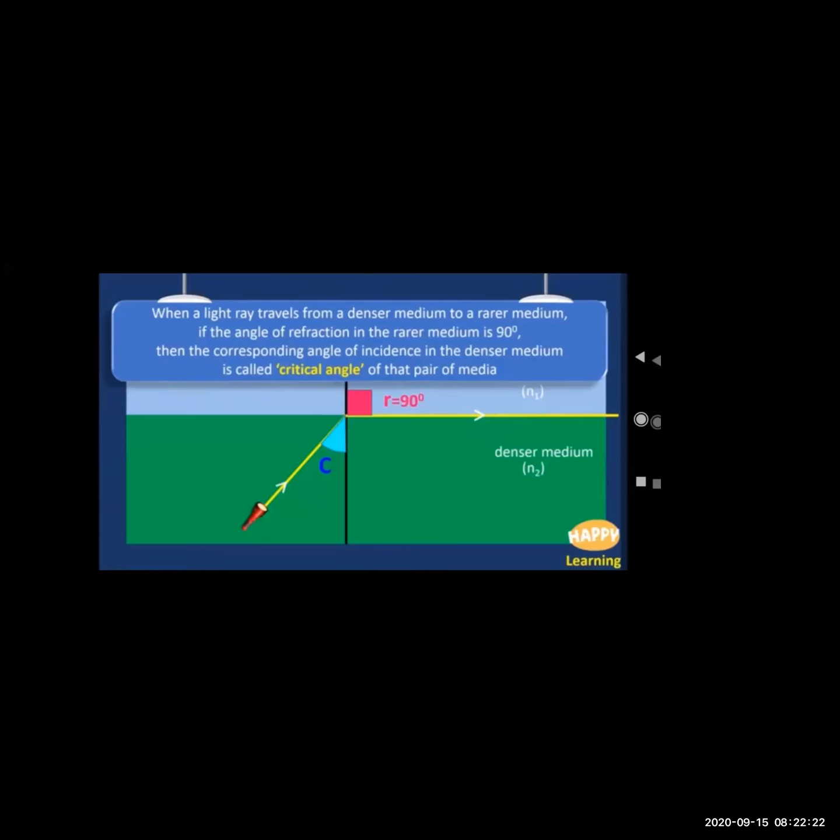The angle of refraction is equal to 90 degrees. Above you have the definition of critical angle. When a light ray travels from a denser medium to a rarer medium, if the angle of refraction in the rarer medium is 90 degrees, then the corresponding angle of incidence in the denser medium is called the critical angle of that pair of media.